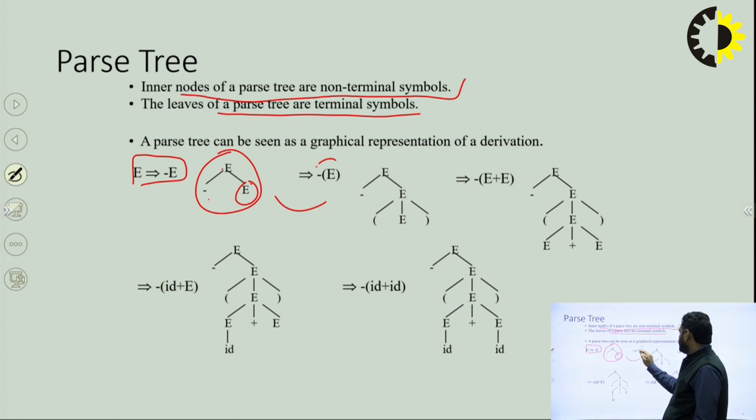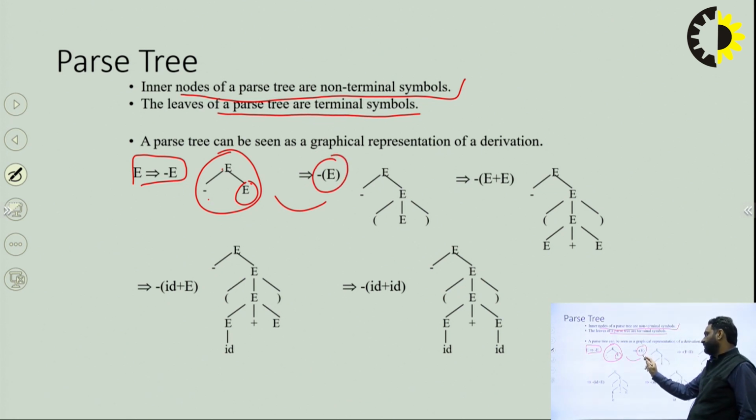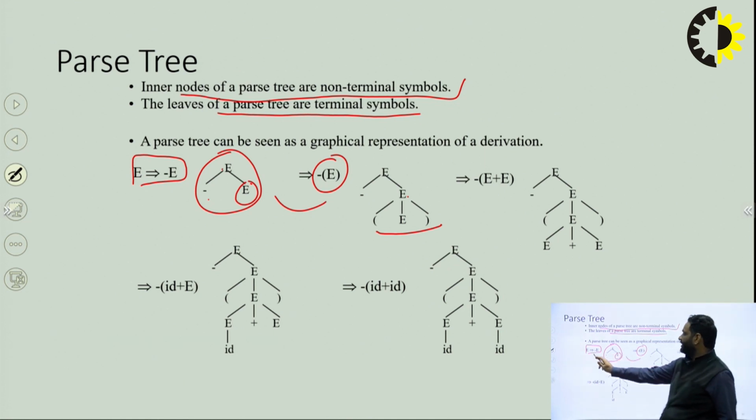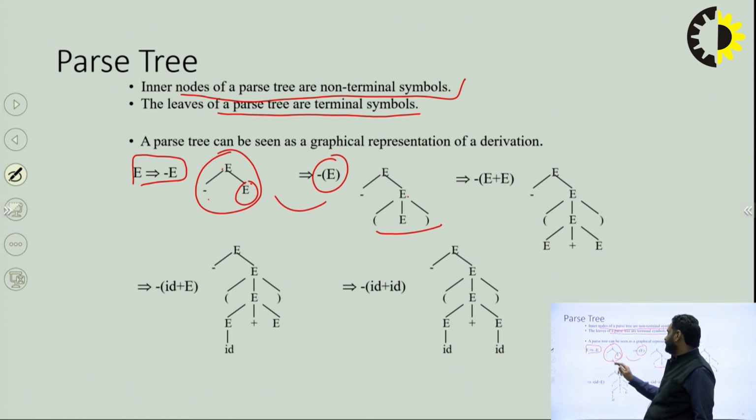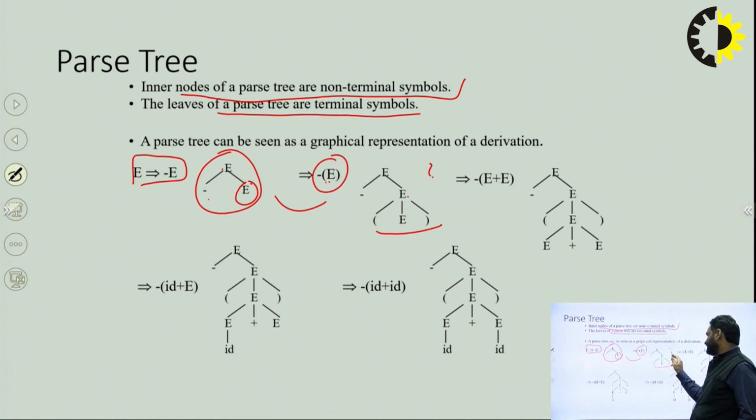And again, this is converted to this one, in which we find the non-terminal which is going to expand. So E is going to expand to this one. First E is replaced by minus E, and this E is again replaced by starting brace, then E, then closing brace. So the parse tree gets deeper. This is further expanded by means of the second production rule.